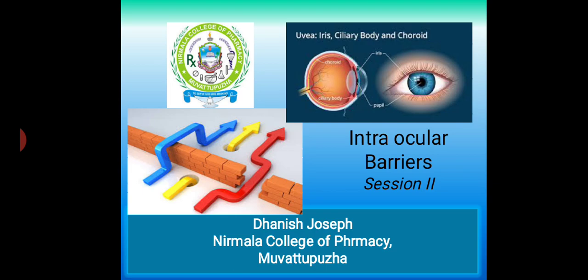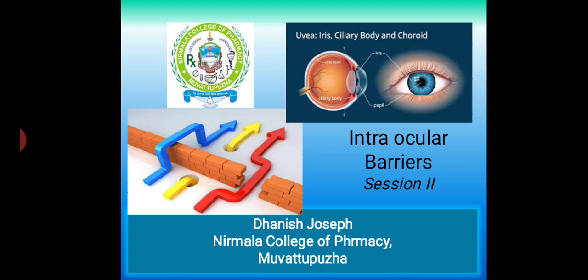As a recap of the previous session, the anterior segment barriers and the posterior segment barriers are each classified into two: static barriers and dynamic barriers. The same way, posterior segment barriers were also classified into static barriers and dynamic barriers.